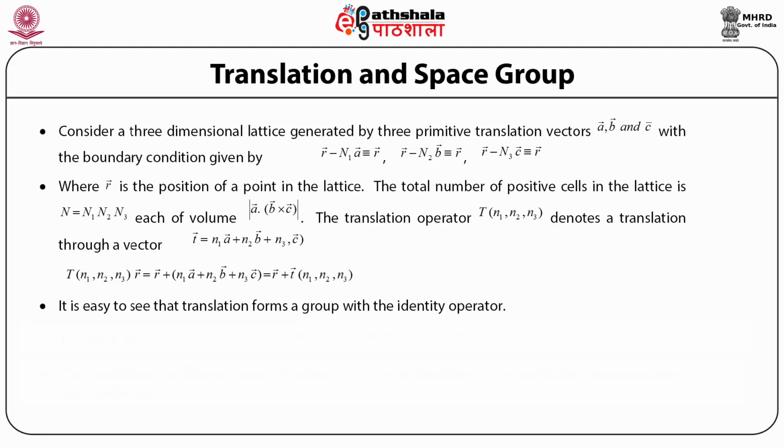Then what is the identity operator of this group? Obviously, the identity operator E of the group is given by T where all three integers n1, n2, n3 are 0.